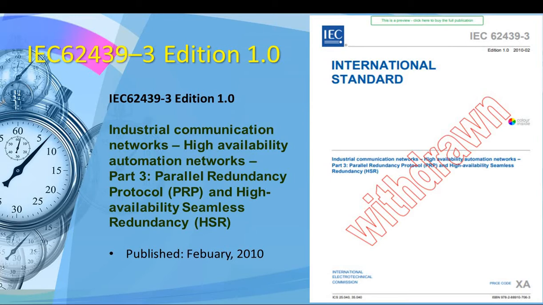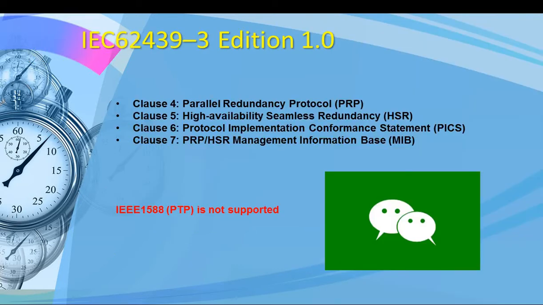It's called PRP and HSR. Version 1.0 mainly includes 4 clauses: clause 4 PRP, clause 5 HSR, clause 6 PIPs, and clause 7 MIPs. In version 1, 1588, which means PTP, is not supported.